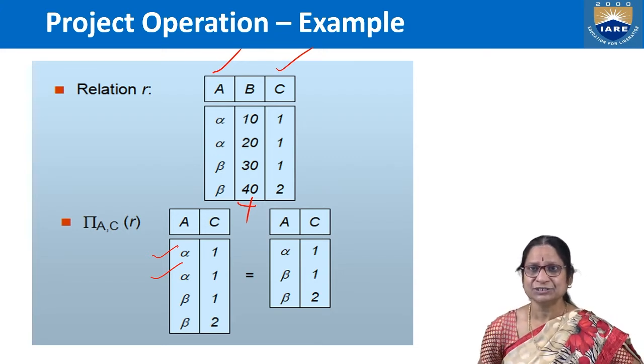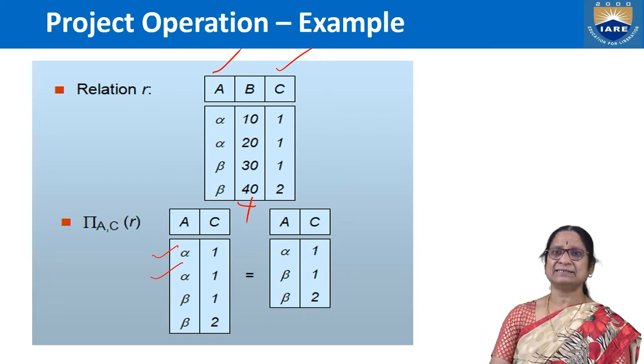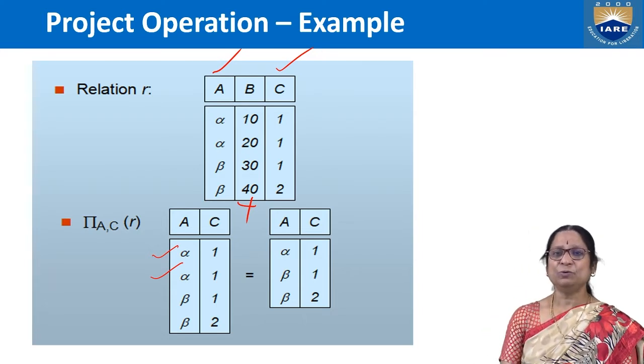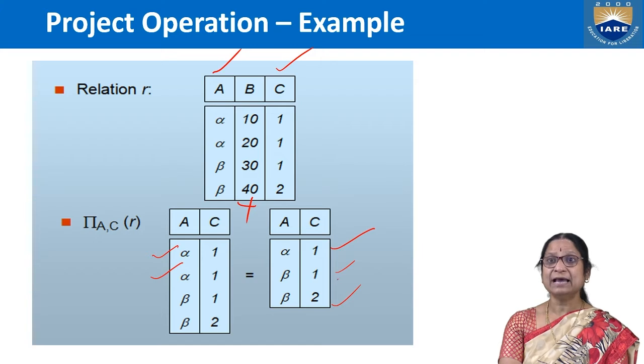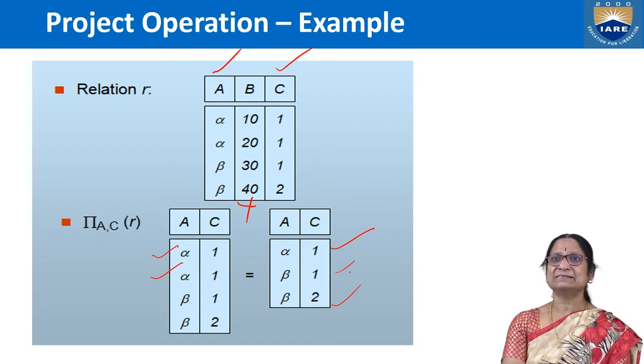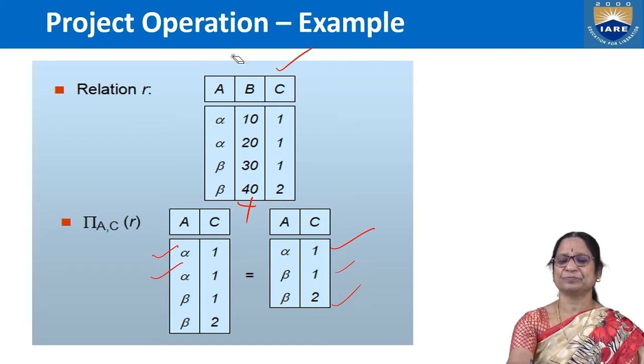Because this relational data model is based upon the set theory concept, the duplicates are not going to be included. So that's why this alpha 1 is not going to be included twice. Only once it is going to be included. As a part of that, our output will have only 3 tuples, not 4 tuples. Because one tuple was repeated, that tuple is going to be eliminated actually.